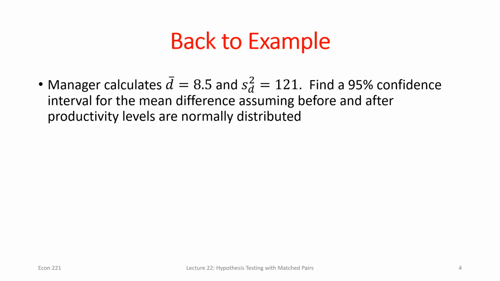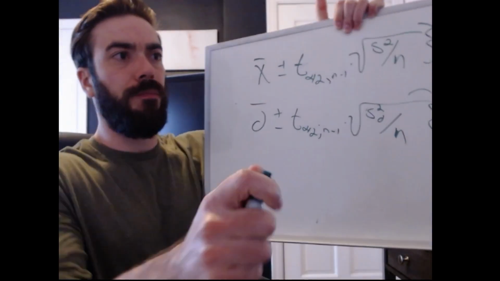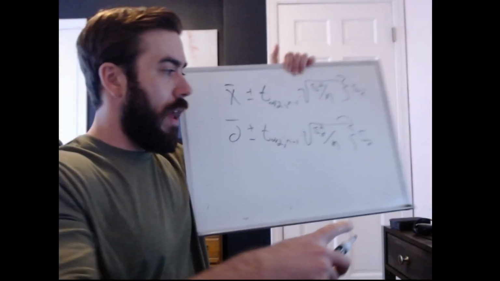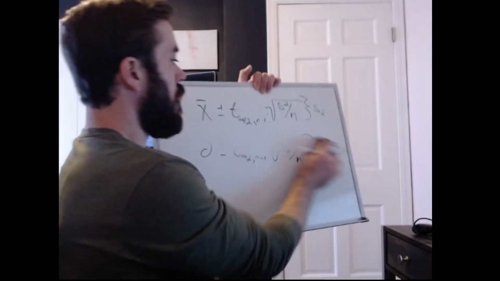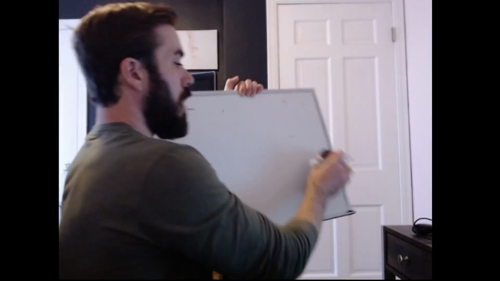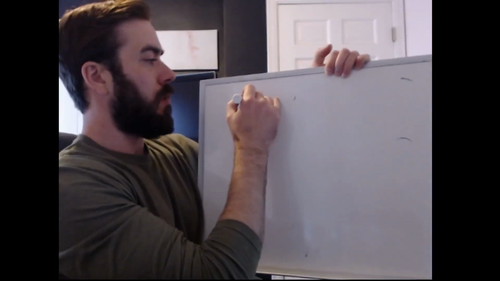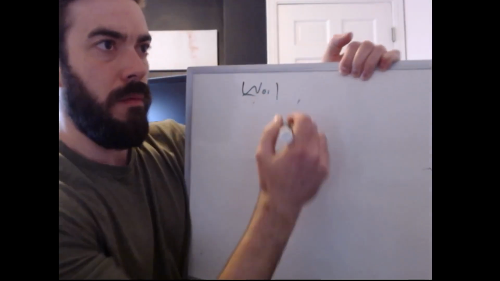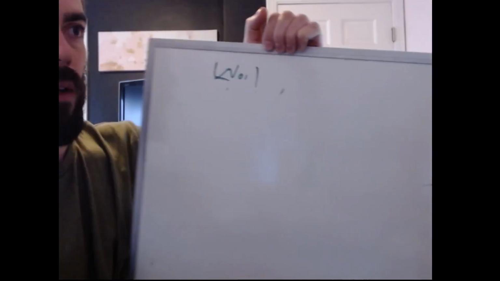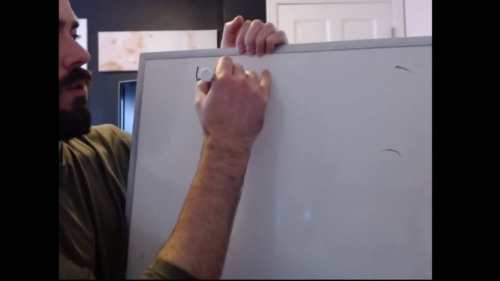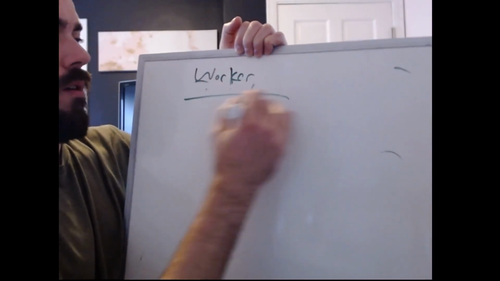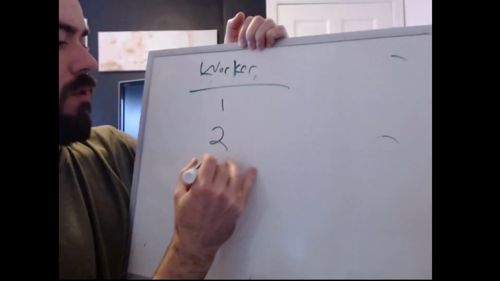So a little bit more on how we would do that, just so I give a clear-cut picture here. Let's say we have those 10 workers. So we've got worker 1, 2, 3, and so on.